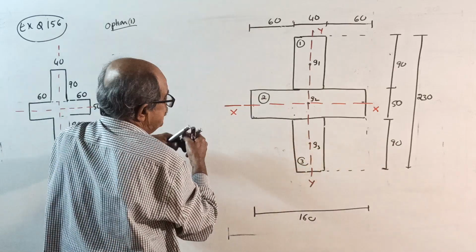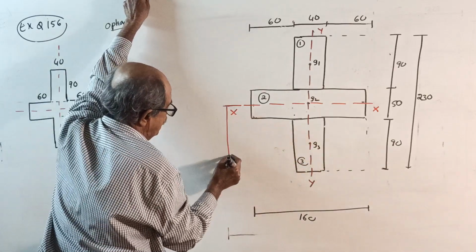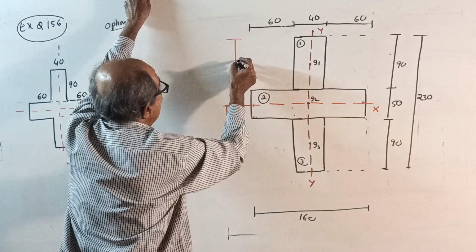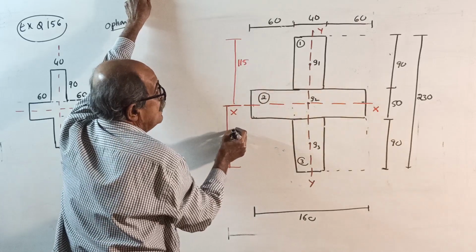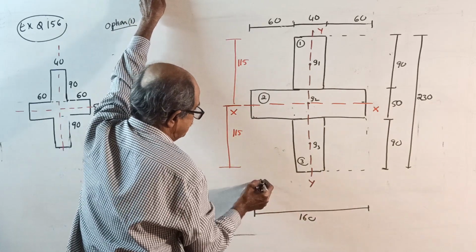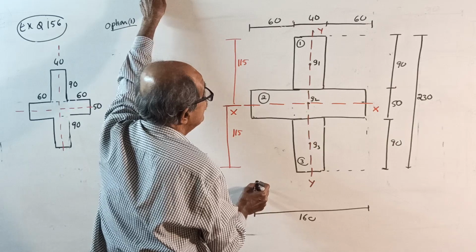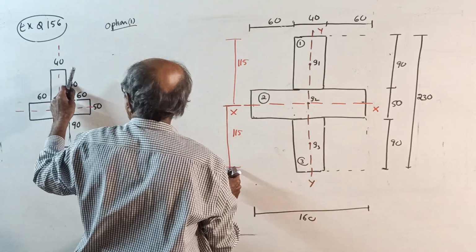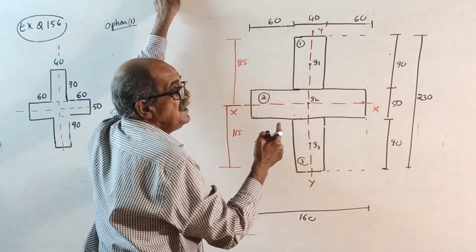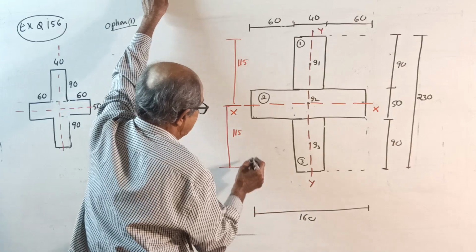If you want this distance, directly remember the midpoint. This way also midpoint. Total 230, so 115 and 115. Here 160, correct? 90 plus 90 is 180, 180 plus 50 is 230, correct.